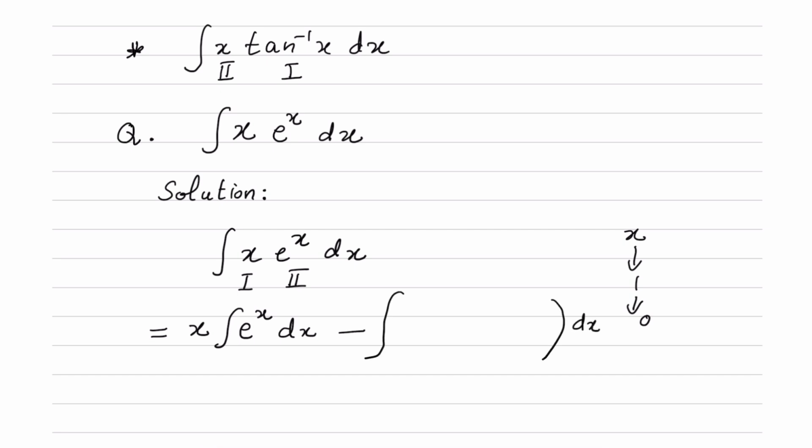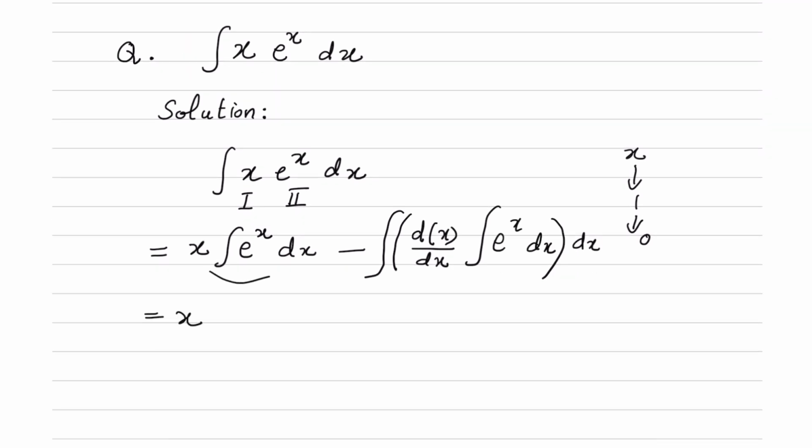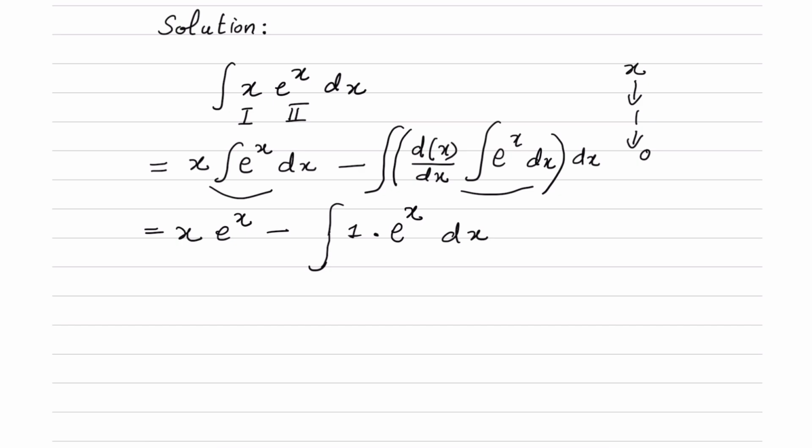What do we have inside? The derivative of the first function with respect to x, times the integral of the second function with respect to x. Now, the integration of e power x is e power x, minus the derivative of x with respect to x, which is 1, times the integration of e power x dx, which is e power x. Then we will have to integrate the derivative and the integration answer again.